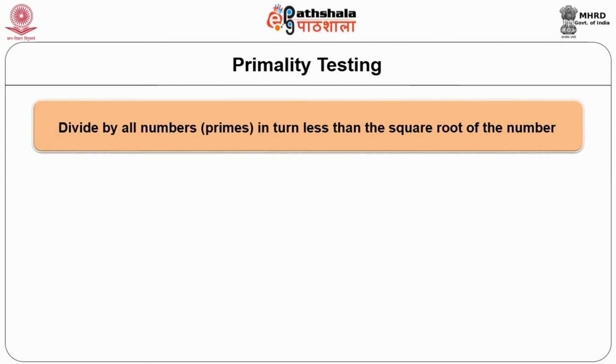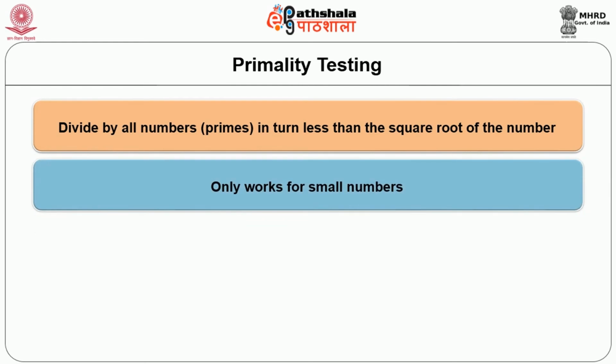If the given number is not divisible by any of those numbers, starting with 2, then we will say that the number is prime. We are not dealing with 0 and 1, because if I divide any number by 0 it goes to infinity, and if I divide any number by 1 it is always going to be divisible. So we are going to start with 2 and go up to the square root of that number.